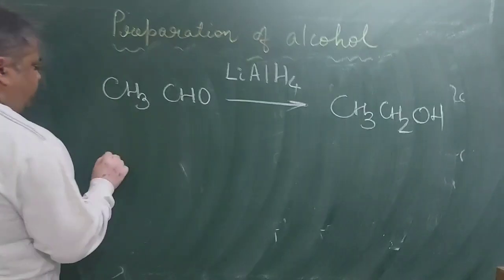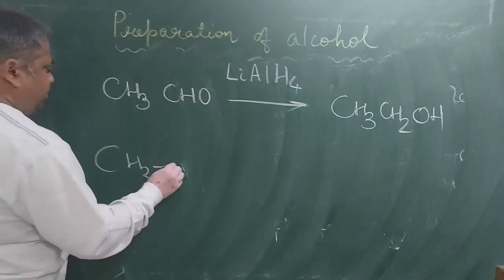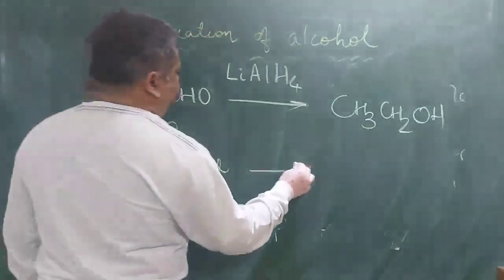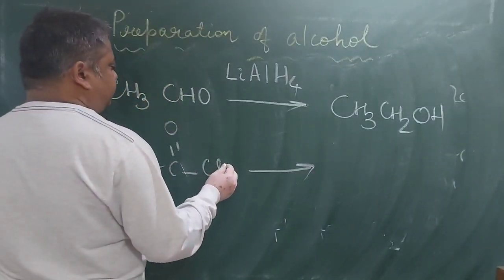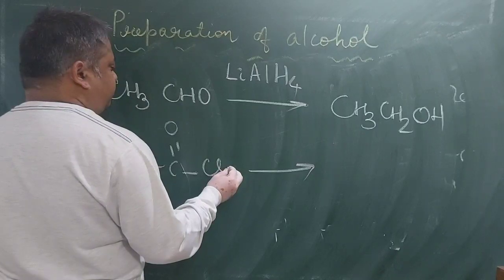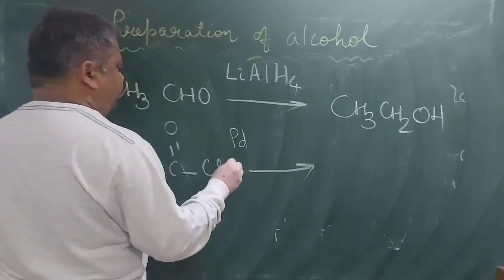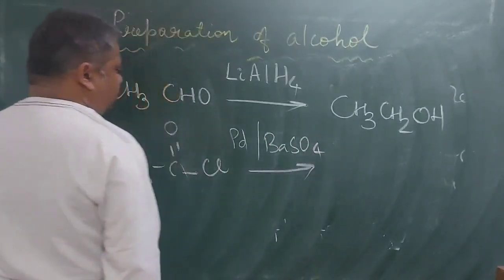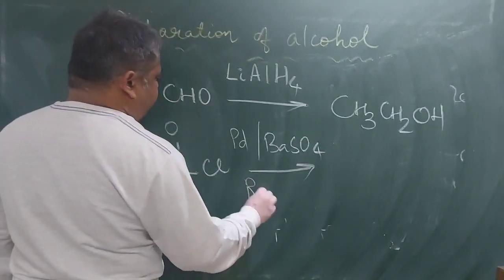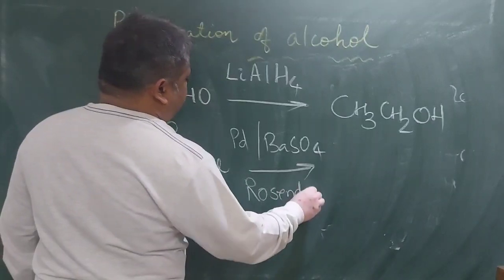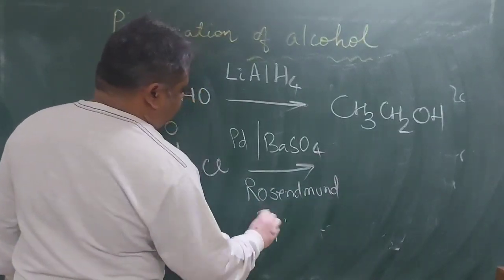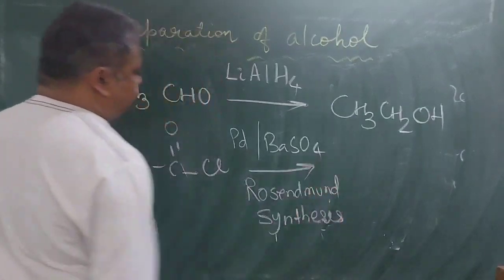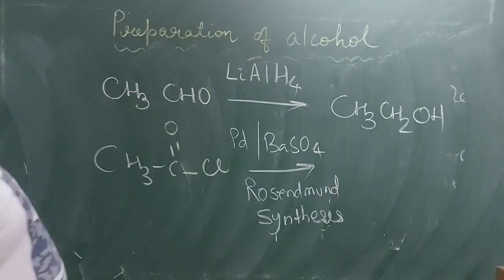If it is acyl chloride, CH3COCl, then this is reduced by palladium, which contains hydrogen adsorbed, poisoned with BaSO4. So Rosenmund synthesis takes place. This process is also called the Rosenmund reaction.